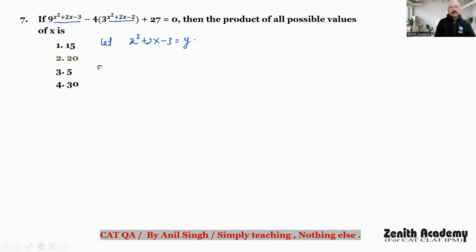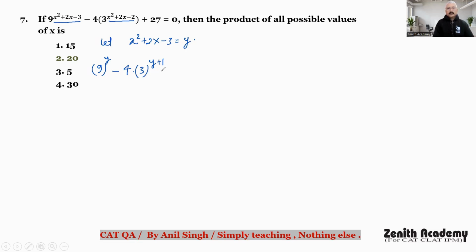Then this is 9 to the power y minus 4 into 3 to the power. This is x square plus 2x minus 3, it is x square plus 2x minus 2, so it is y plus 1. If I add plus 1 here and minus 1 here, then it becomes y plus 1.